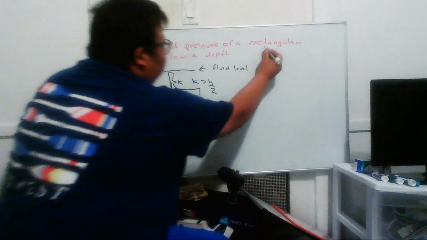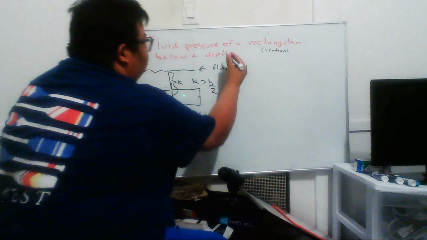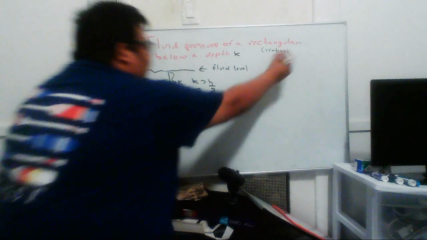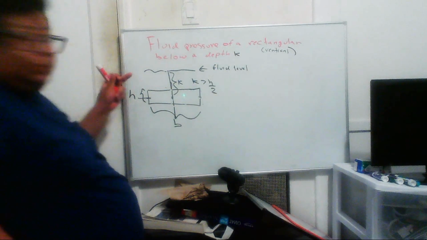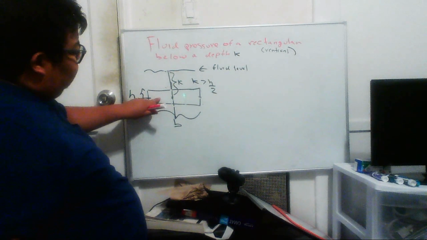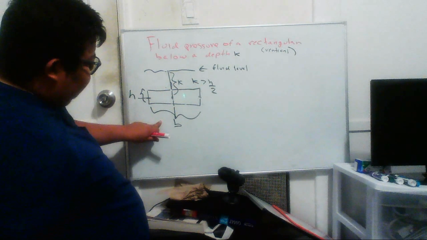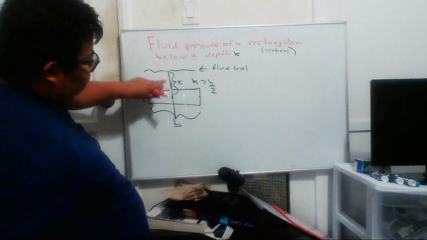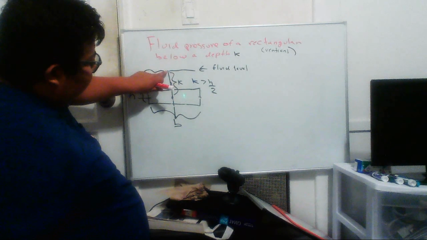So the formula that we're actually going to be looking at is going to involve H, B, and K, and omega, the fluid weight density constant.